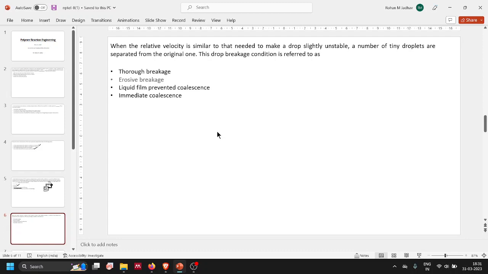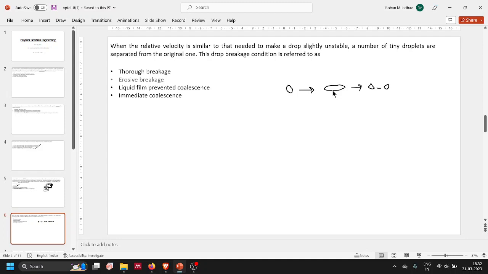If we look at the individual mechanisms, what happens during thorough breakage is that a single droplet undergoes breakage very quickly and separates cleanly into two separate droplets. So a single droplet is pulled apart and properly separates into two droplets. That is thorough breakage.